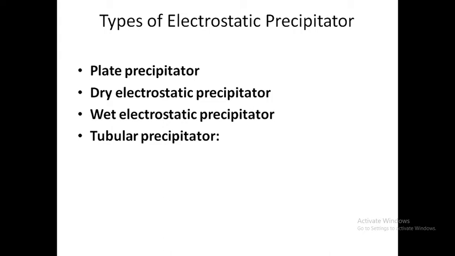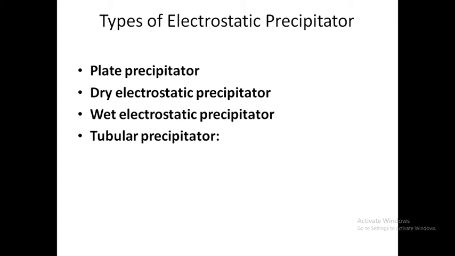It consists of electrodes through which the ionized particles are made to flow, and a hopper through which the collected particles are extracted out. The dust particles are collected from a stream of air by hammering the electrode.